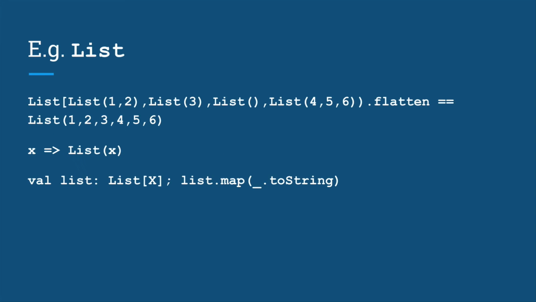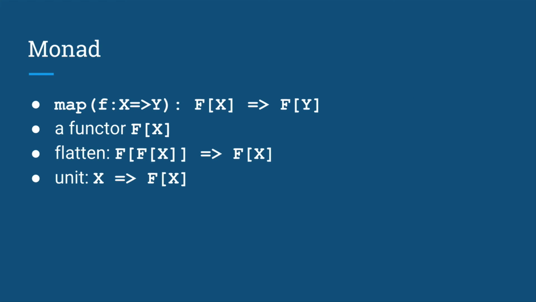Monad is a functor with flattening and unit, and strong monad is an applicative functor that is also a monad. That's it. So these are the definitions, and we can look through them and basically not pay attention to those additional things.